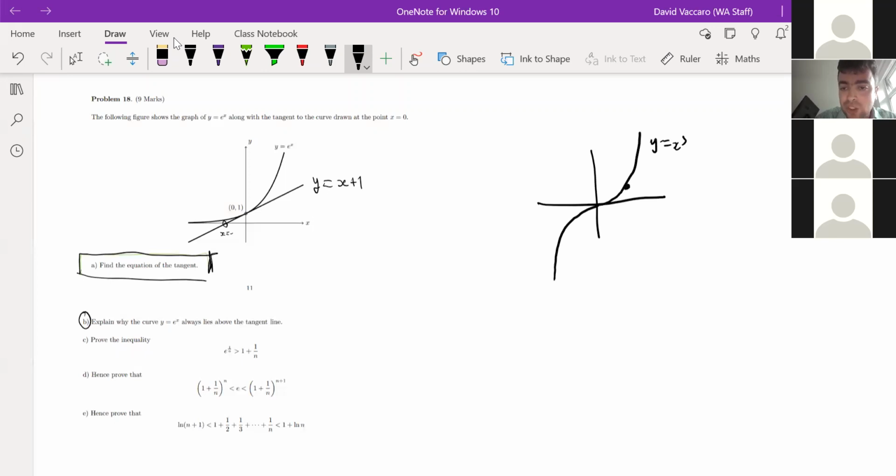But if I draw a tangent line here, the tangent is initially below the curve, but crosses the curve and goes beneath it. So it's not enough to say that y equals e to the x is strictly increasing. That's not enough to guarantee that it lies above its tangent.